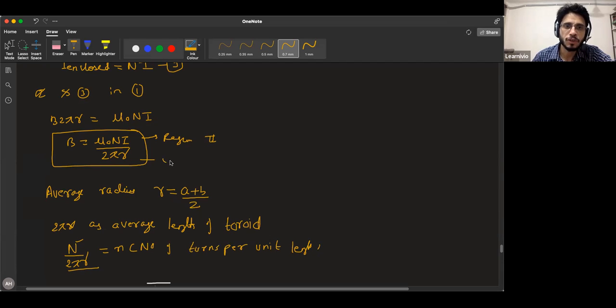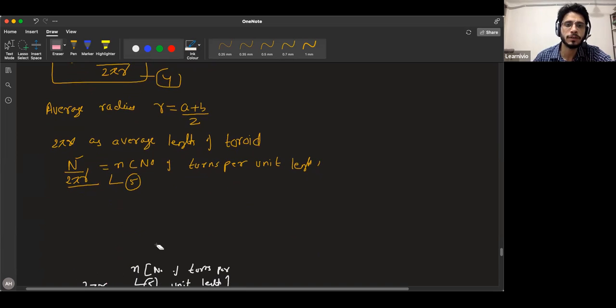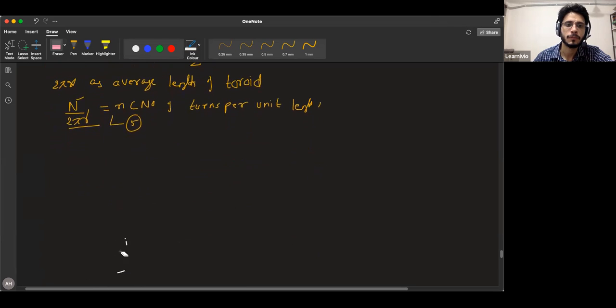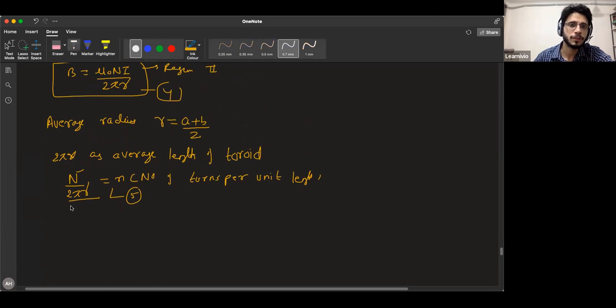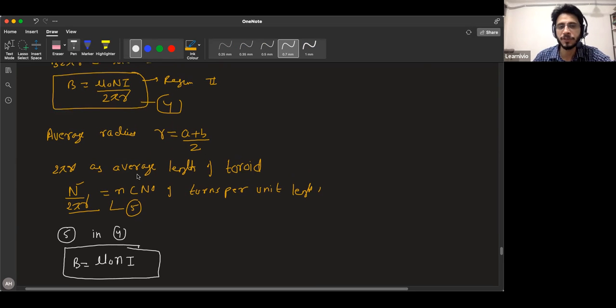If I call this equation number 4 and this equation number 5, and substitute 5 in 4, I get B equals mu naught times N by 2 pi r, which is small n, so B is mu naught n I. We're getting the same expression, but remember 2 pi r is the average length.